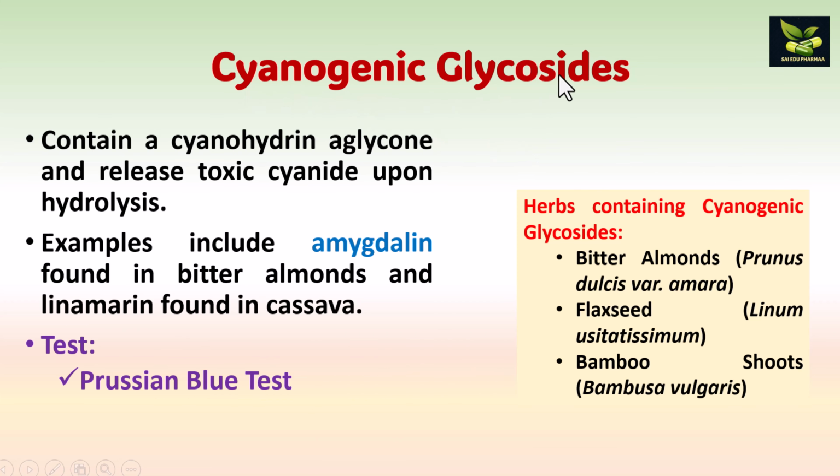Next is cyanogenic glycosides. It contains cyanohydrin aglycon and releases toxic cyanide upon hydrolysis. Example is amygdalin found in bitter almonds and linamarin found in cassava. Test is Prussian blue test. Other herbs containing cyanogenic glycosides are bitter almonds, flaxseed and bamboo shoots.